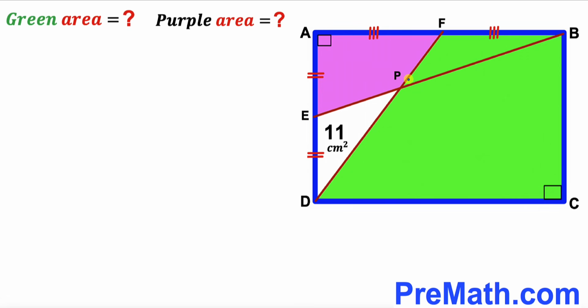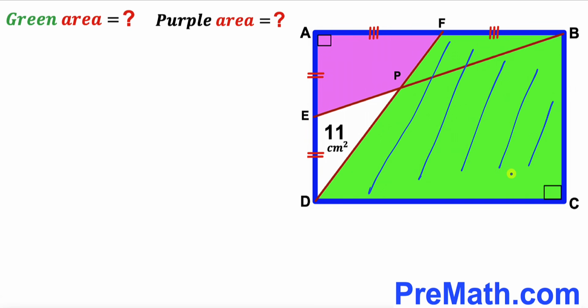These segments intersect each other at point P, and as a result we end up with this purple shaded quadrilateral AFPE and this green shaded trapezoid FBCD.